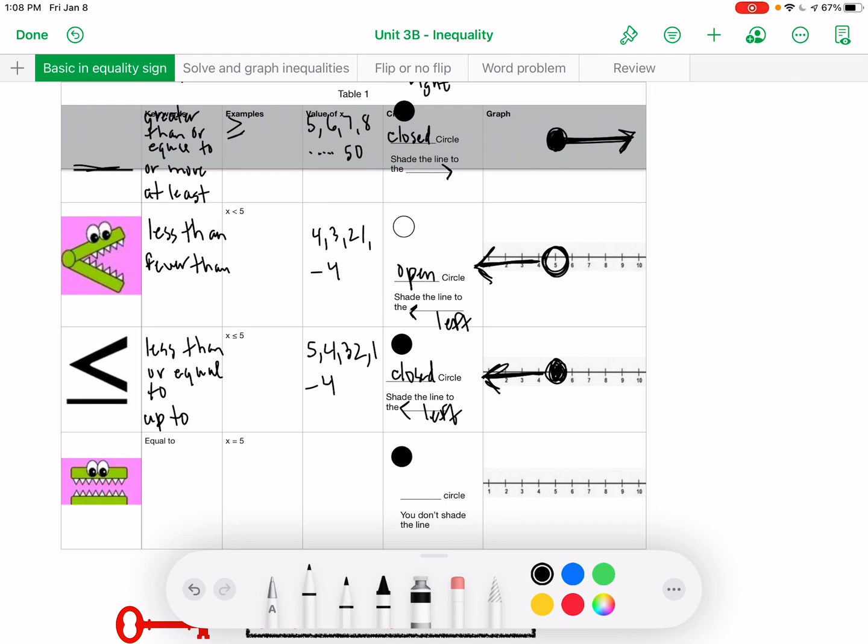This is what you were doing when we were graphing the equations, and this is why we wanted you to practice. It is equal to, it is congruent, it is the same, it is 5. It will be a closed circle, and this is not a solution set, this is simply just 5.